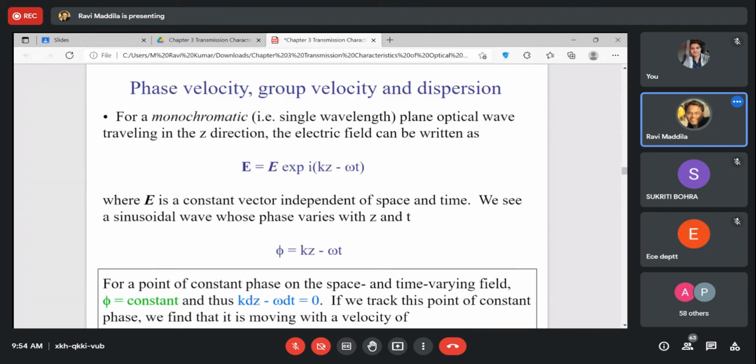I was discussing this phase velocity and group velocity in one of the earlier classes also, and I had discussed what is the meaning of this kz and omega t. Does any one of you remember what is the meaning of z here?